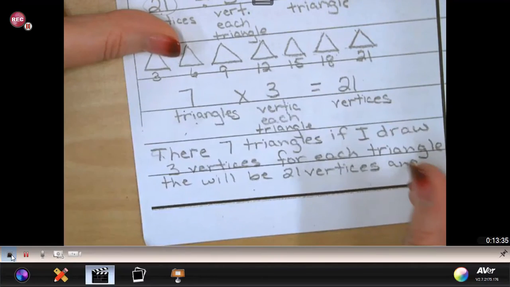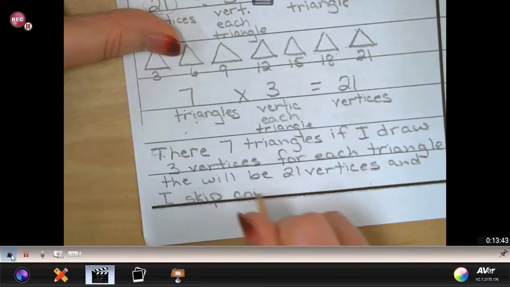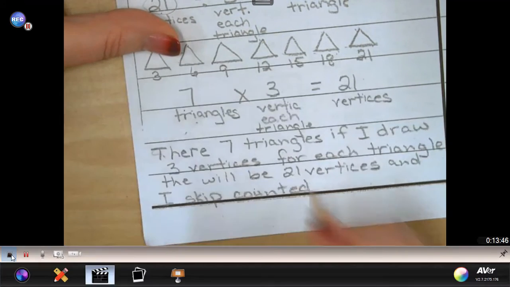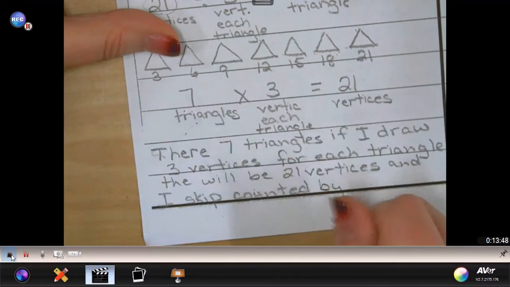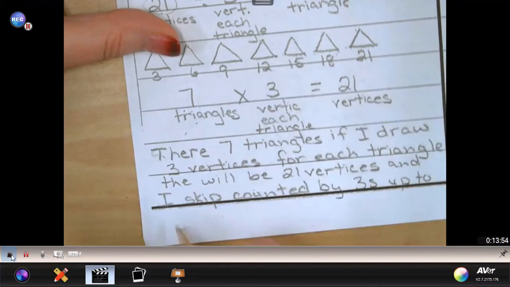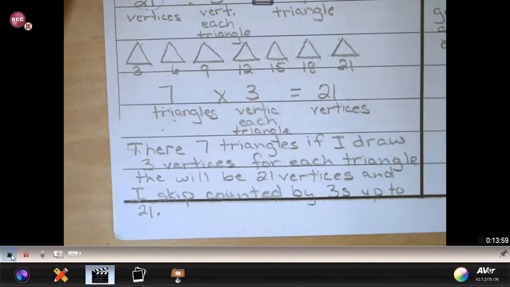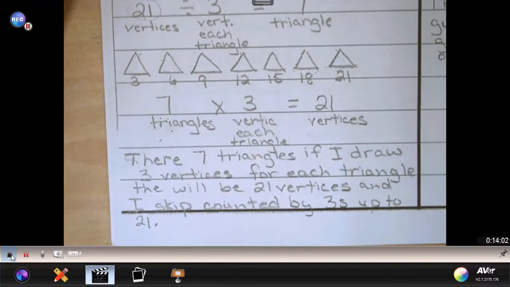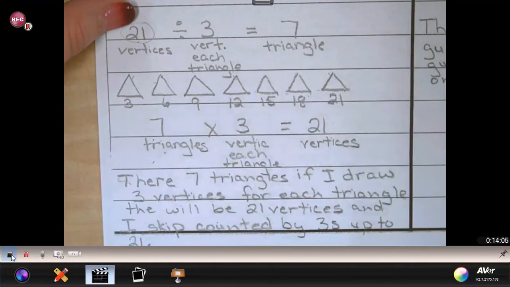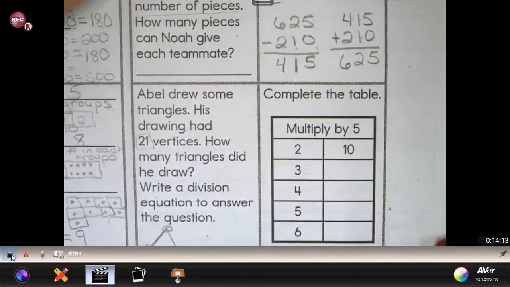And I skip counted by 3s up to 21. So there is your explanation to your division sentence. Nice job. Make sure you put a star if you did that correctly.